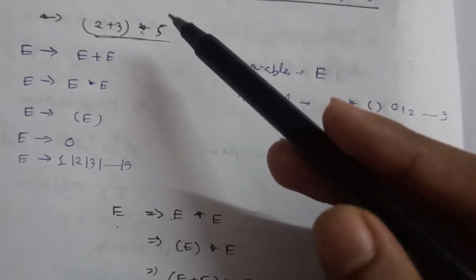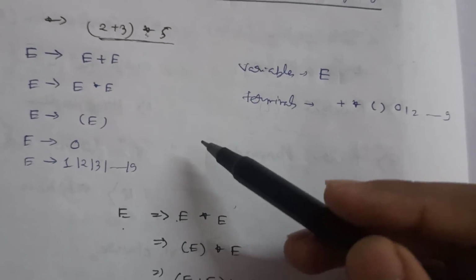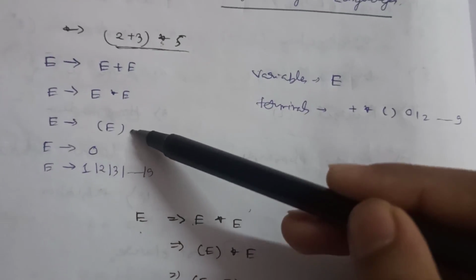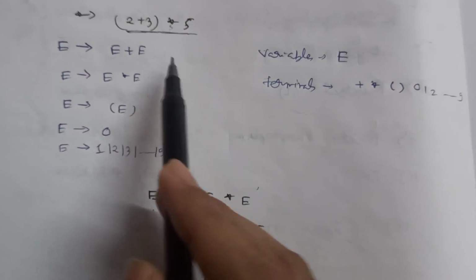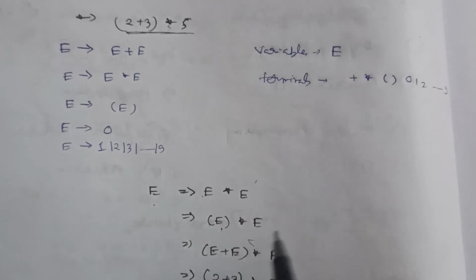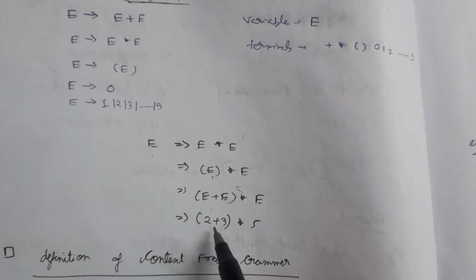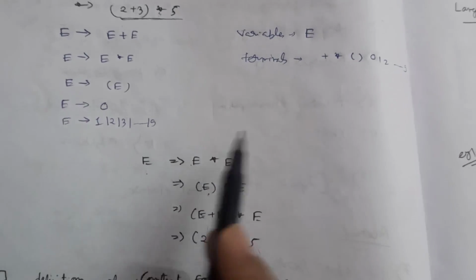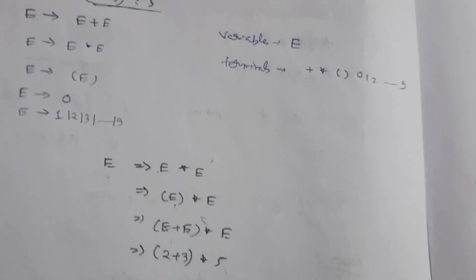So we make E to E star E, and this E now becomes this. Then I need to make the brackets, and inside the brackets this E will also become E plus E, and from that it becomes 2 plus 3 into 5. We are just putting in the values of E from the production rules. That's how it is done.